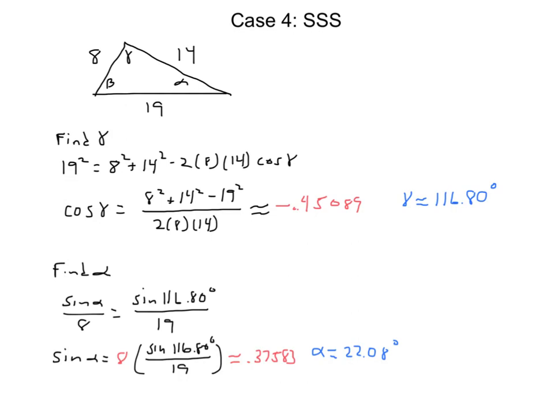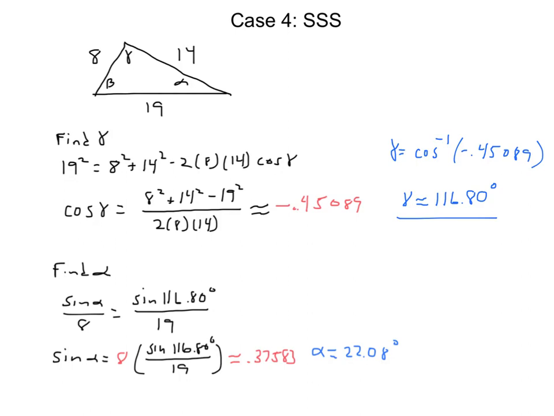So what I'm going to do then at this point is use the inverse cosine, and I know that gamma will equal the inverse cosine of negative 0.45089. And when I put that into the calculator, I find that gamma is equal to 116.80 degrees.